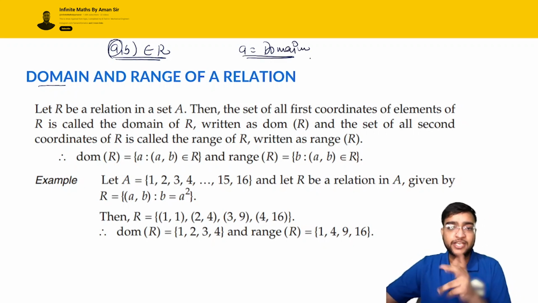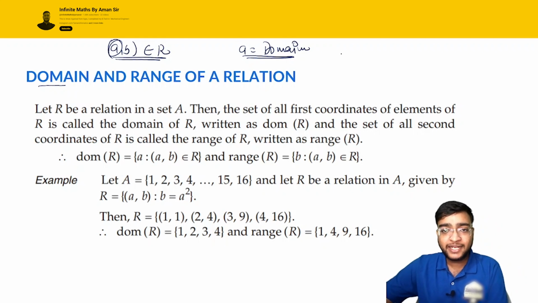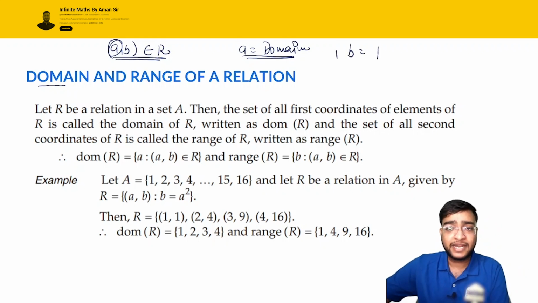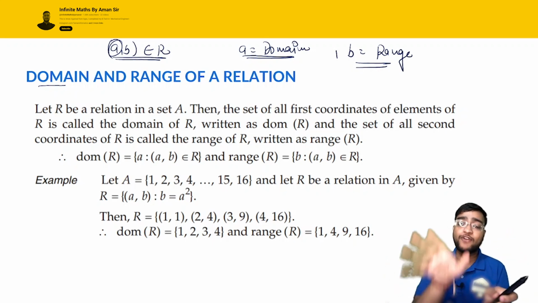For the pair of coordinates, the first coordinate is my domain part, and the second coordinate, that is b, is my range part. So this is all about the domain and range of our relation here.